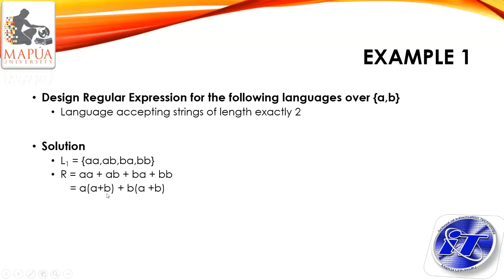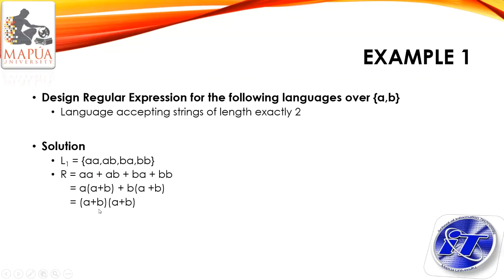And as you can see, A union B is present on the first and the second term. So therefore, we could factor it out. So we have A union B concatenate with A union B. And as you can see, we have 2 terms here. It means we have 2 symbols in our language.